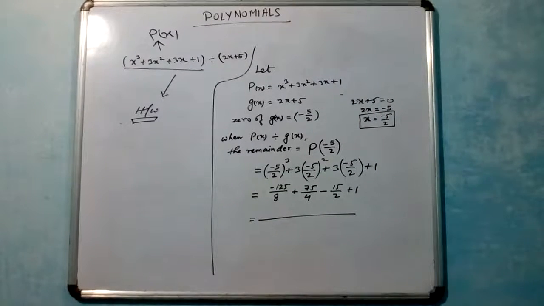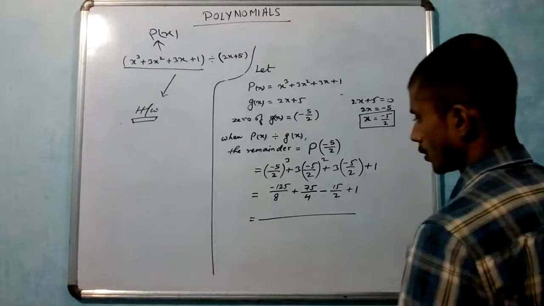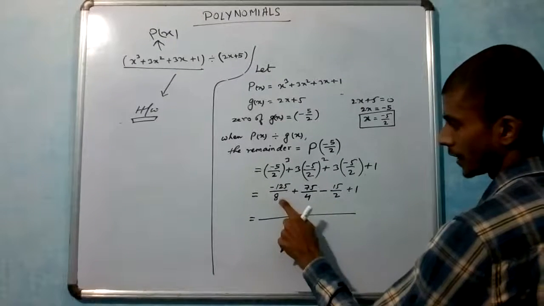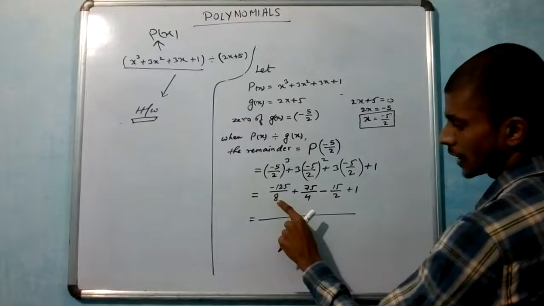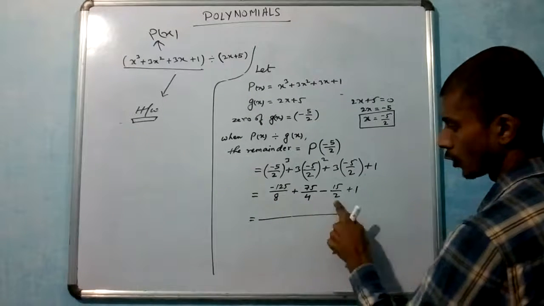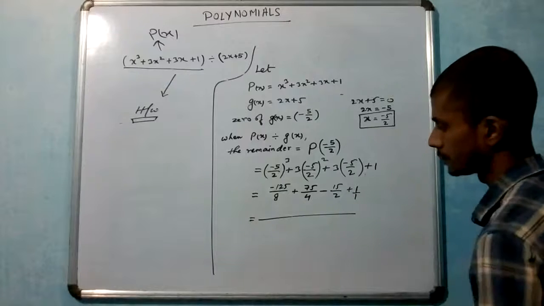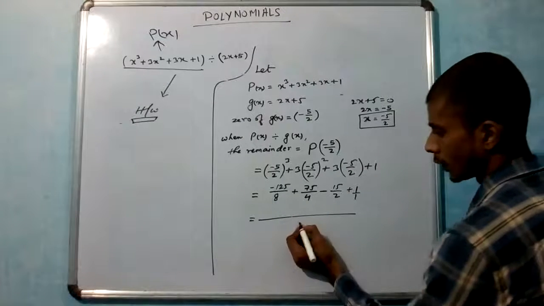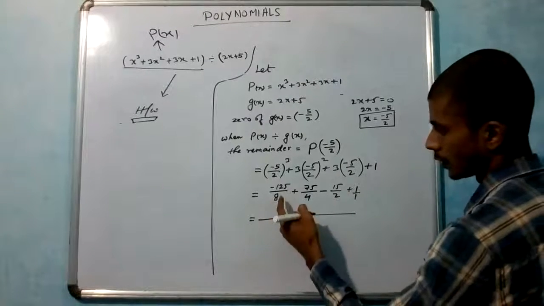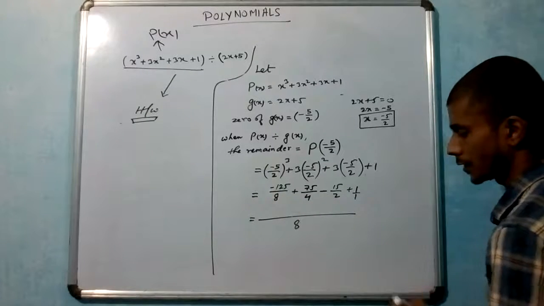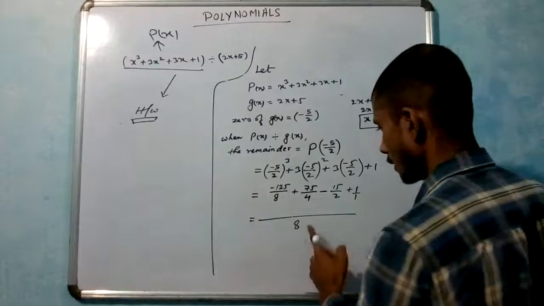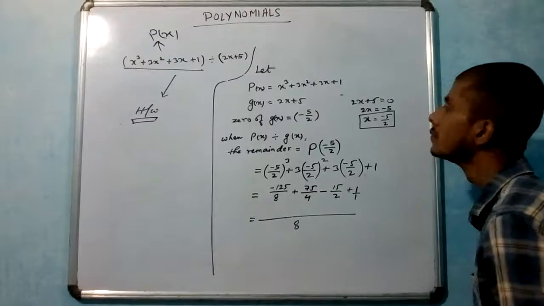Take the LCM and solve. So finally 8 will be the LCM. 8 is the smallest number which can be divided by 8 also, 4 also, 2 also and 1 also. Fine. So 8 is the LCM. Now this LCM divided by the denominator, how much will we get? 1.